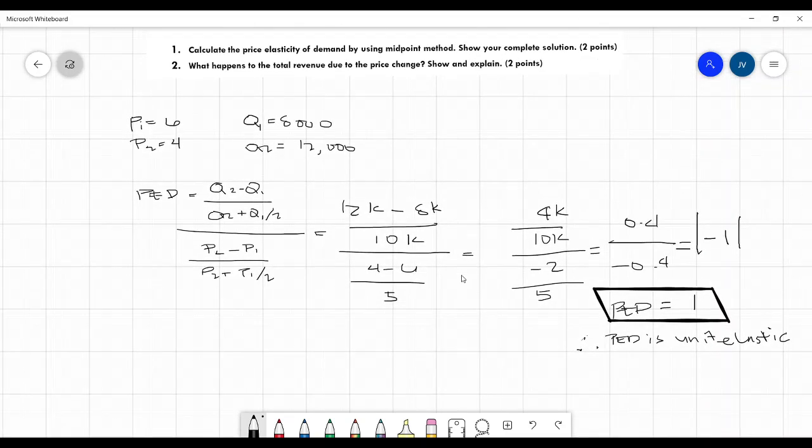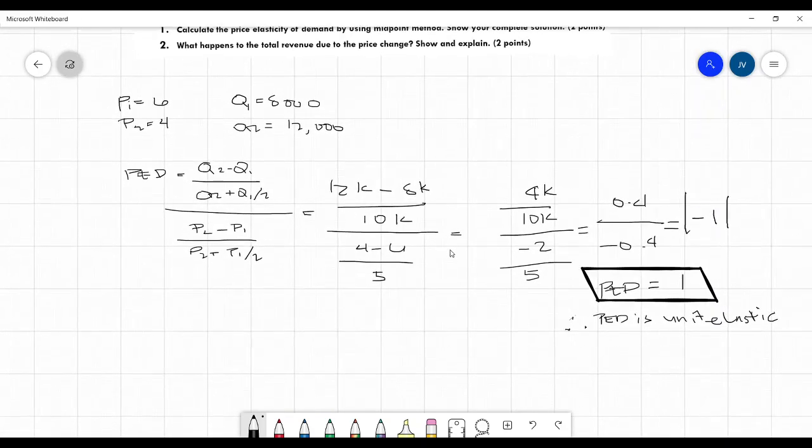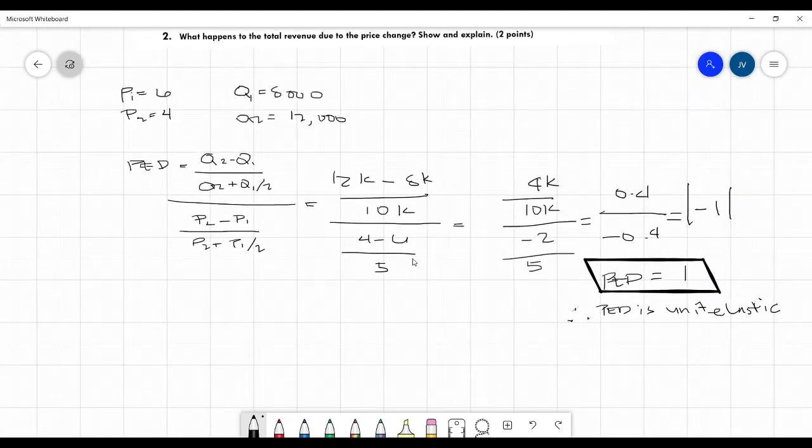Now, what happens to the total revenue due to the price change? This is very easy. Remember the formula of our total revenue. Total revenue is equal to price times quantity. So what happens after the price change?